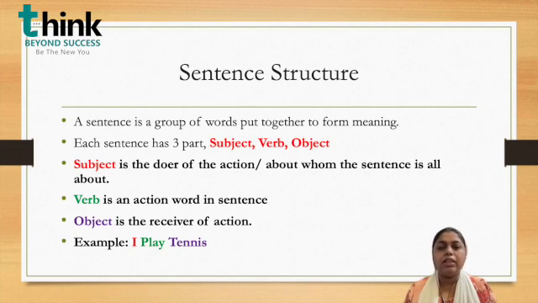These three are the main parts of any sentence. Apart from this there are many other parts, but using these I am going to help you understand the formula to make sentences in simple present tense.